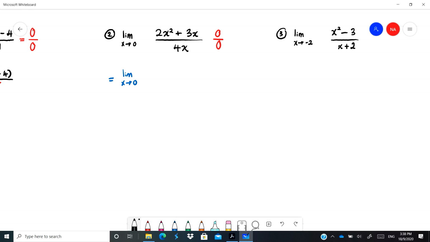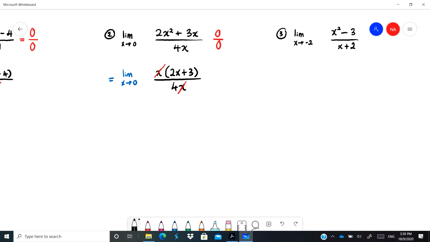You factorize the numerator, so you will have x times 2x plus 3. At the denominator you can leave 4x. Take note that we can cancel the x here because they are the same.